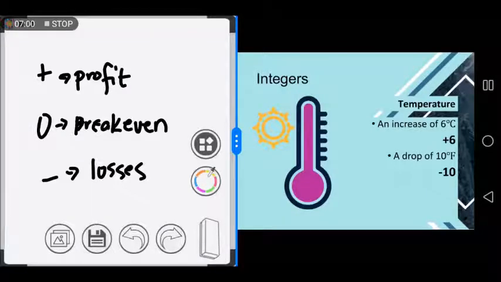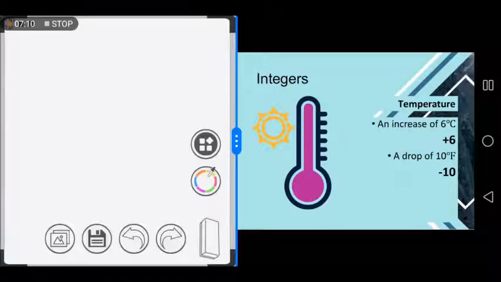In terms of integers applied to temperature, okay? So in a certain temperature, let's say the normal temperature is 37.5. Let's say your temperature right now is 37.5.